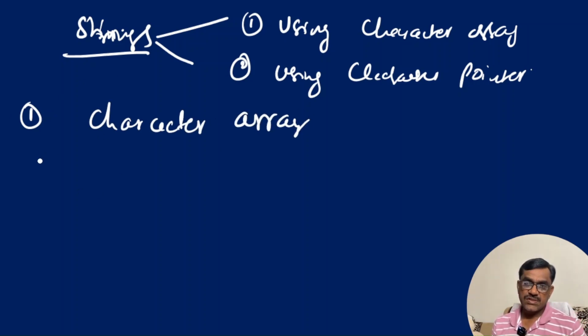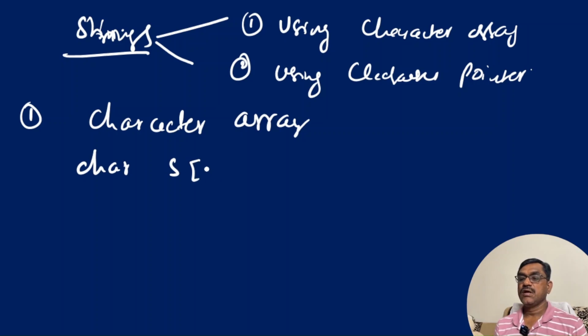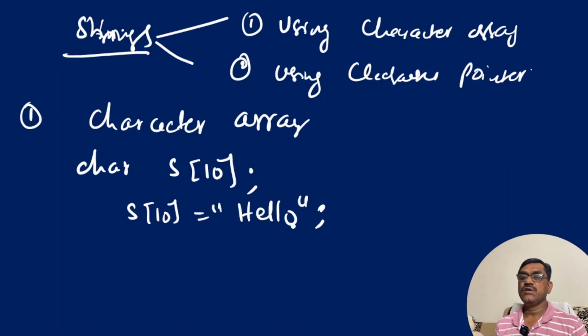As we discussed in the previous class, take an array of character type. For example, I'm writing char s, and here I'm writing any size. Assume that I'm giving the size 10. If you put a semicolon and in the next line try to assign s of 10 equals hello, it will give an error. So this is the declaration and this is the definition.